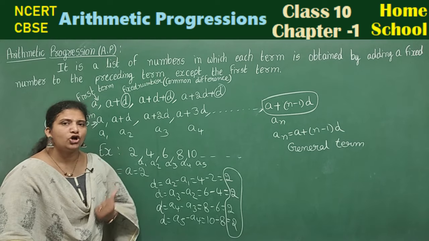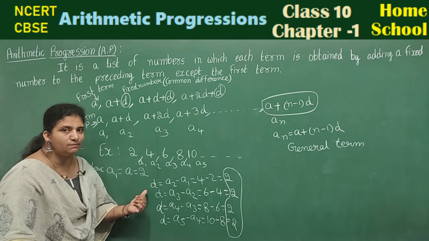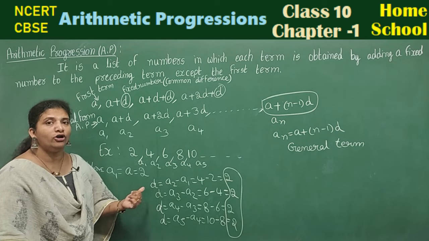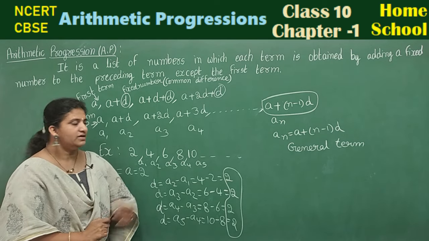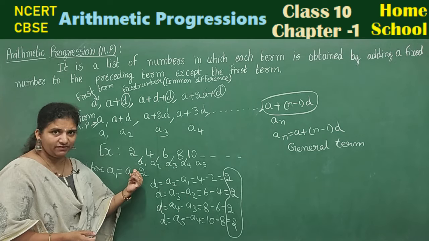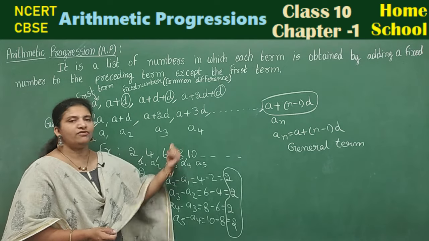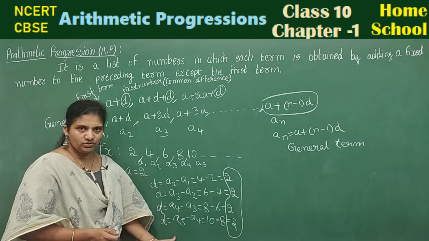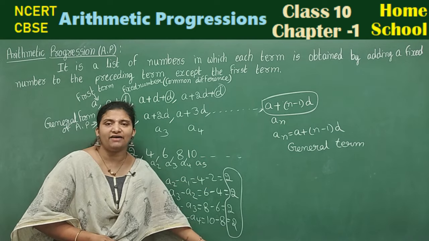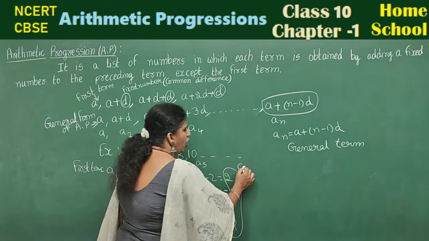It is called the common difference, and it is denoted by the letter small d. In order to find the common difference, we go with the rule of subtracting. A2 minus A1, A3 minus A2, A4 minus A3, A5 minus A4. Suppose all the differences have the same number and the difference is constant.